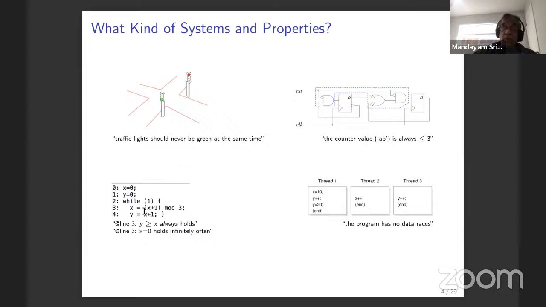And for a program, the notion of time may not be real time, as is the case with the clock here, but a notion of time which corresponds to the transition. What is the notion of time when you are analyzing and modeling software?